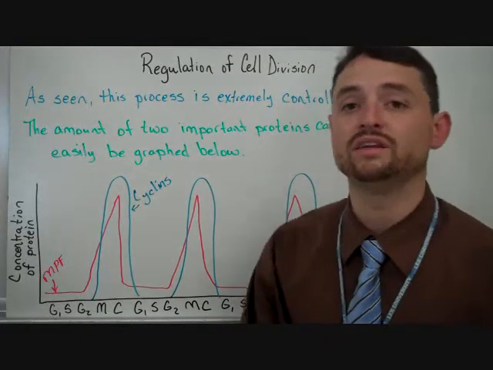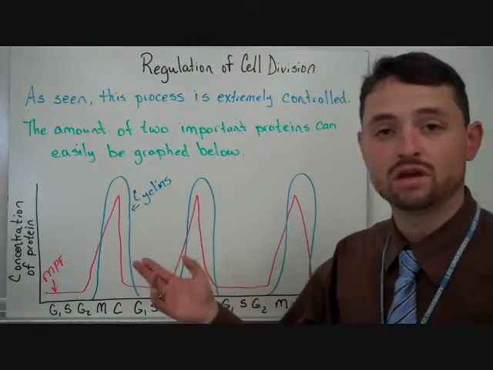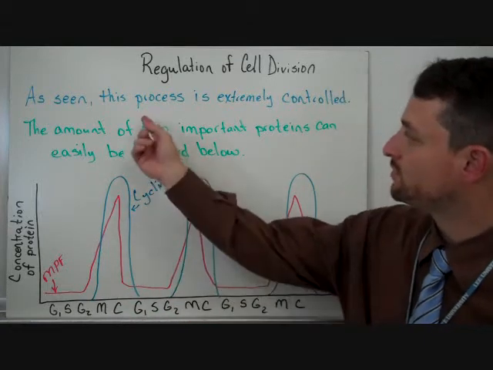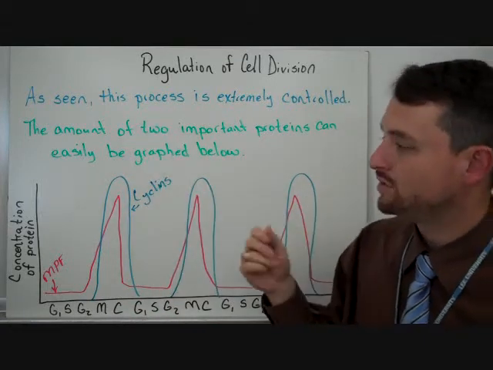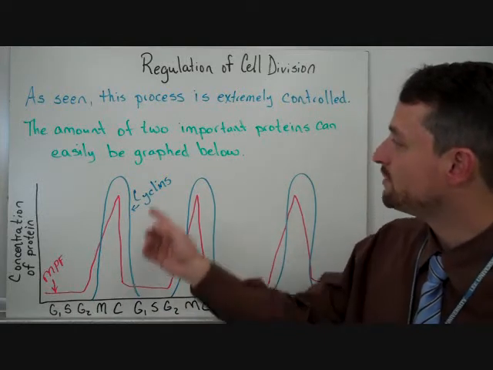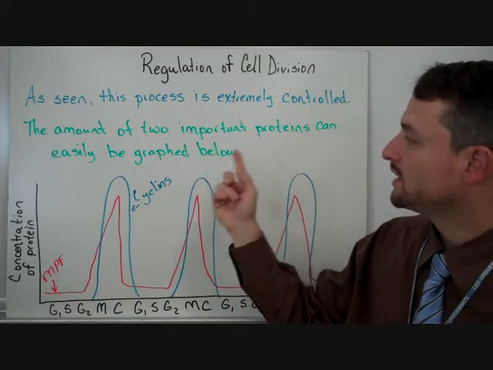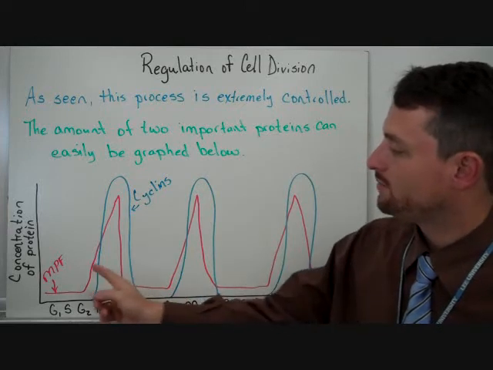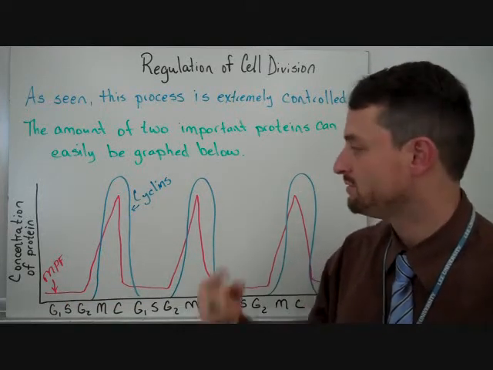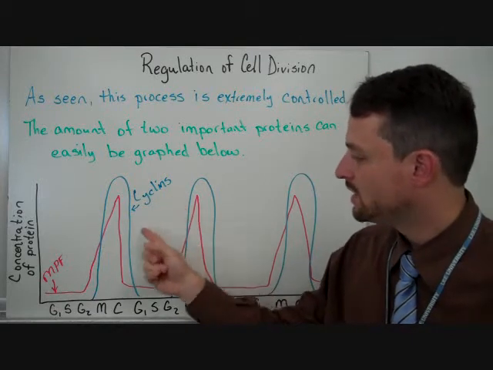Alright, so the regulation of cell division is controlled. Here is a comparison of two of the levels of proteins that are involved in it. When you look at this process, you can see on each stage how the control takes place. The amount of two important proteins can easily be graphed below. We've got the difference between MPF, the mitosis promoting factor, which we've already talked about, and cyclins.